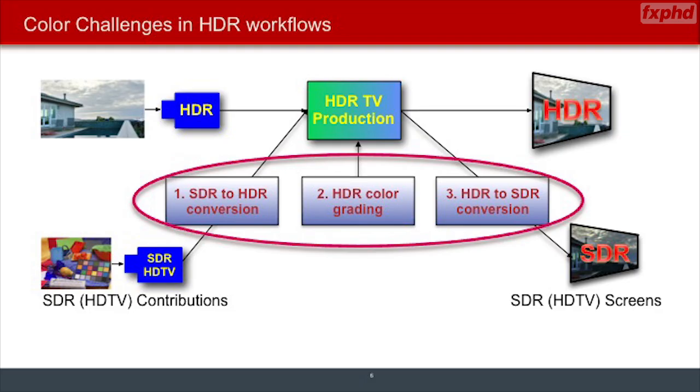So what would the issues be? The colour challenges would be threefold. If we had our normal HDR pipeline and that came in and we made HDR TV production type stuff to put on monitors and output it as an HDR, that would be great. I'd love that. If I brought in stuff that was from SD and HD, I'd have some issues. I'd have to convert them from SD to HDR.